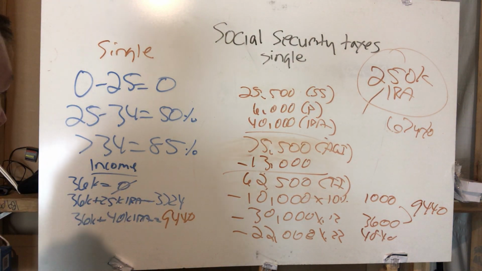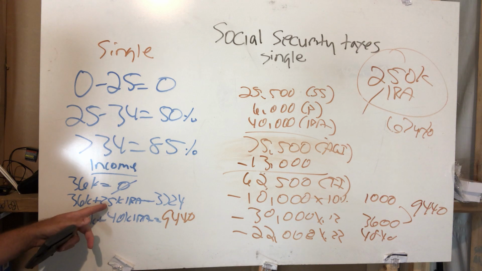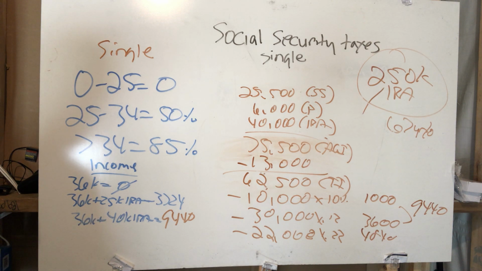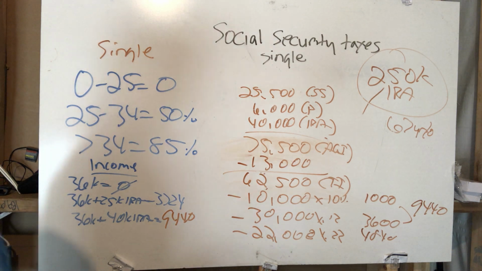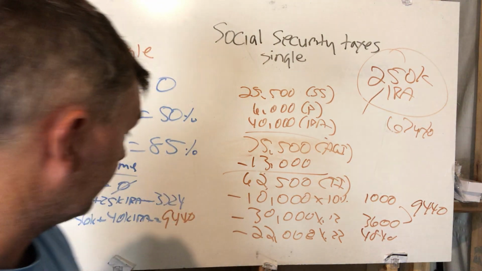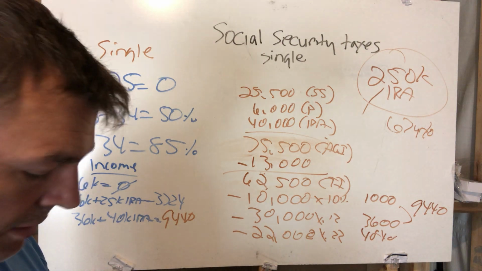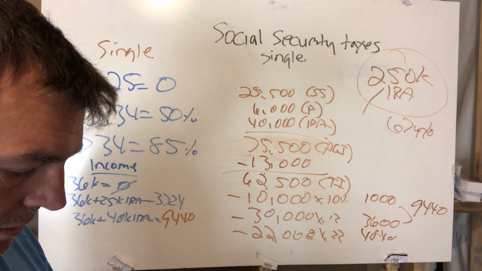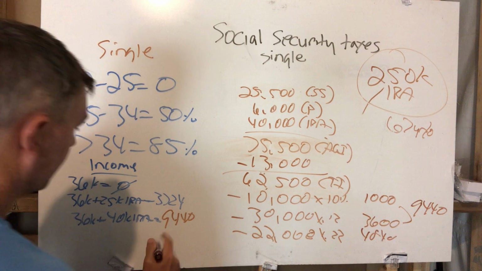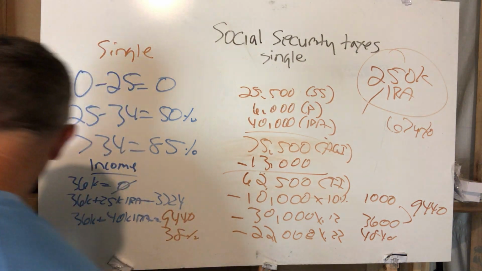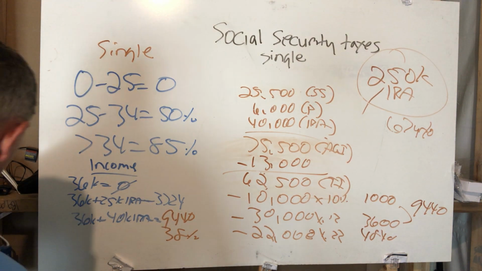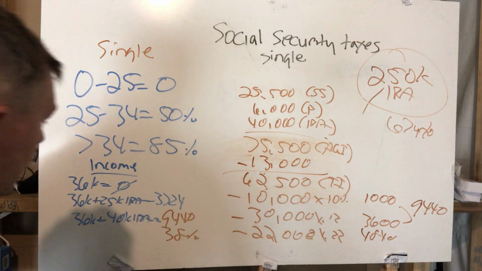So in this case, by her taking an extra $15,000 out of her IRA, she paid 9,440 minus 3,724, about $5,700 more. That's about a 38% effective tax rate on that extra money.